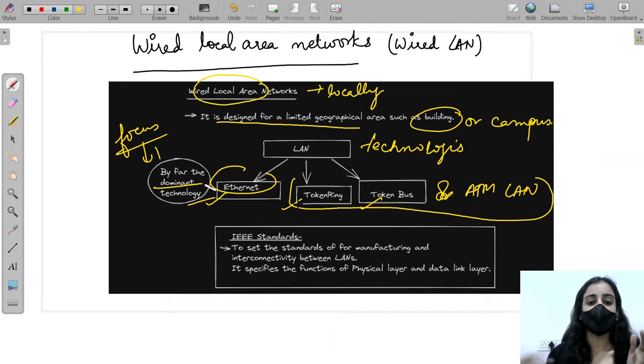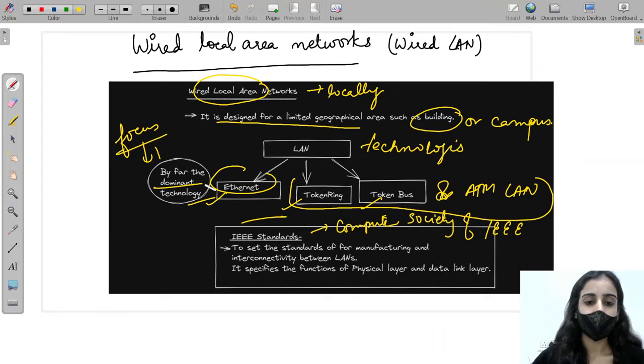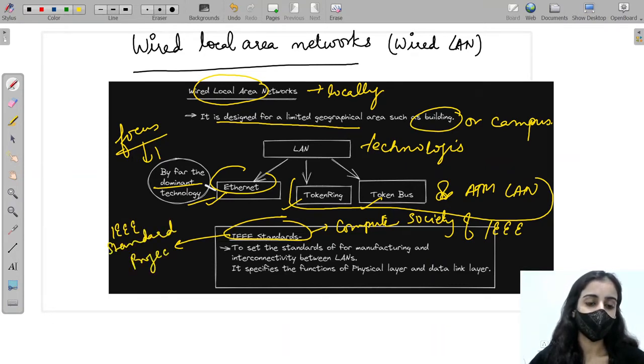To regulate things and keep things in control, there are some standards that have been set by the Computer Society of IEEE, which are known as IEEE standards, or also known as IEEE Standard Project 802.